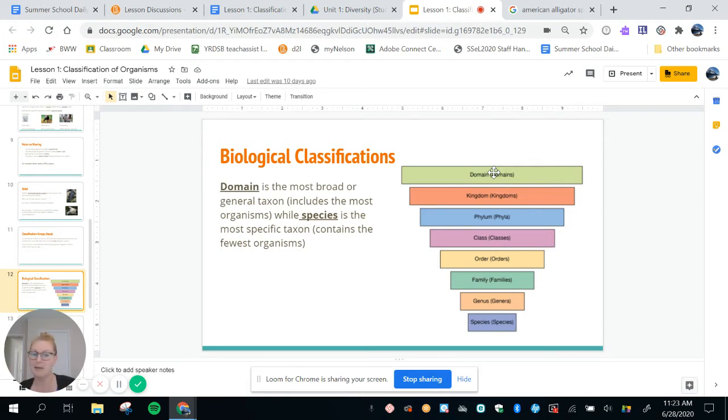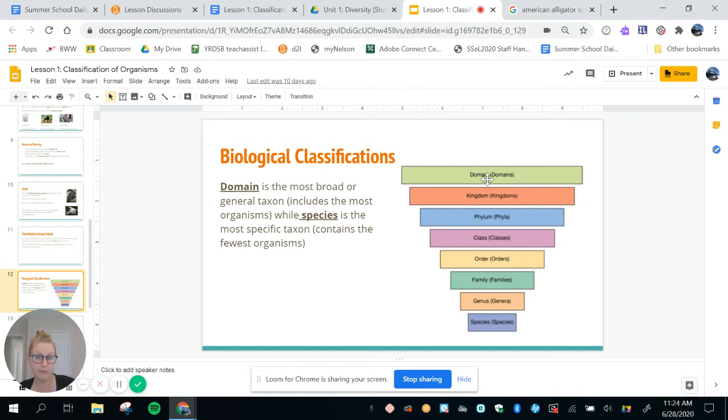So to give you an example of a domain, what we're talking about in domains essentially is eukaryotes and prokaryotes. So you probably learned in grade 10, eukaryotes are those organisms that have a nucleus, a real nucleus. Prokaryotes are those organisms that don't have a nucleus.